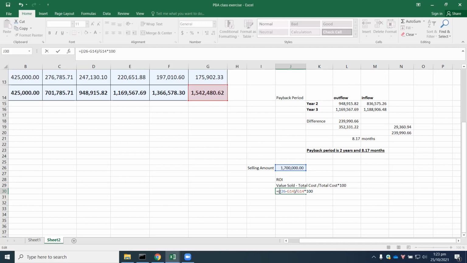Now you need double brackets again. This should suffice. So this would be in terms of percent. So 10.21%.